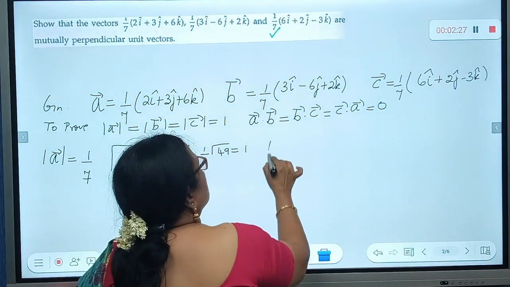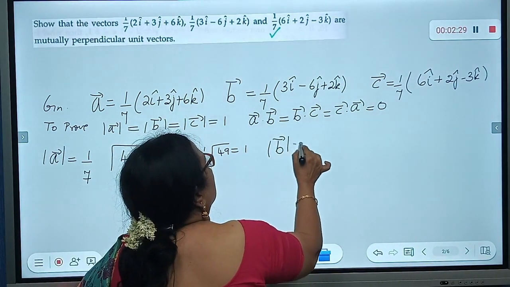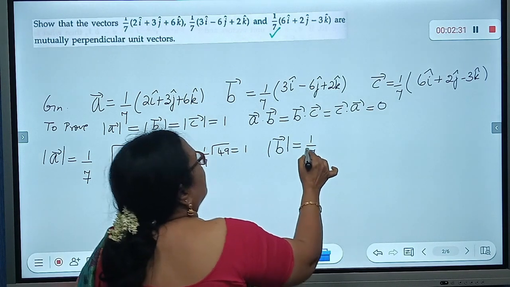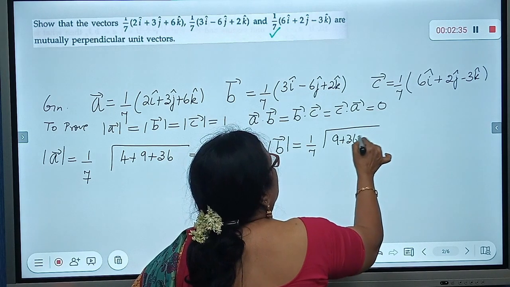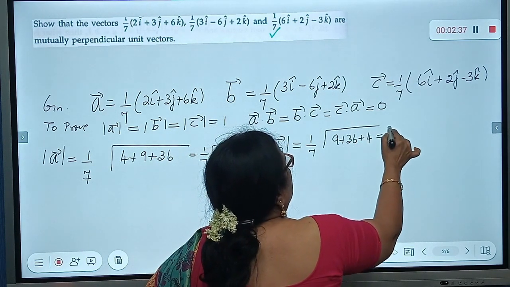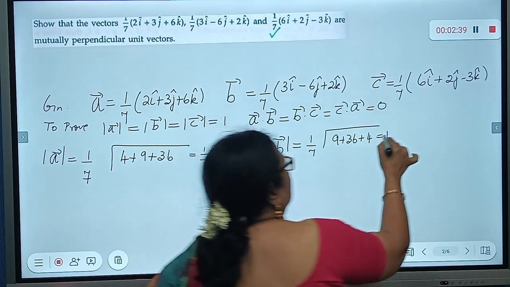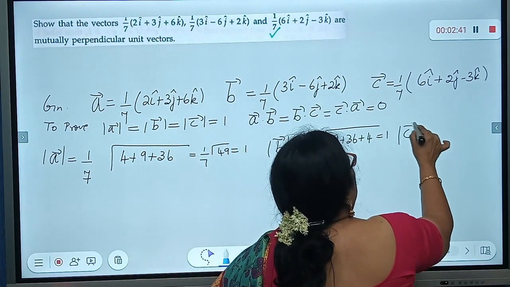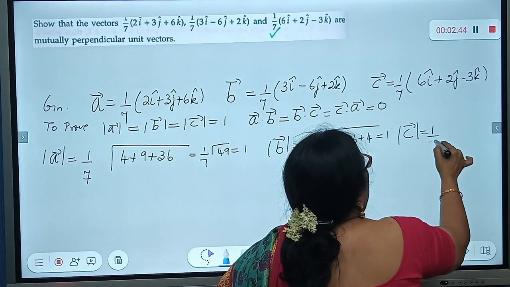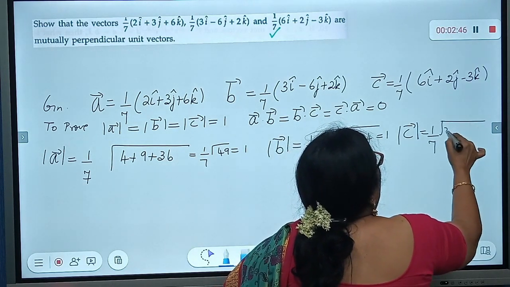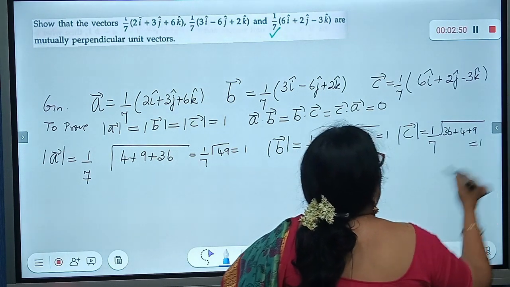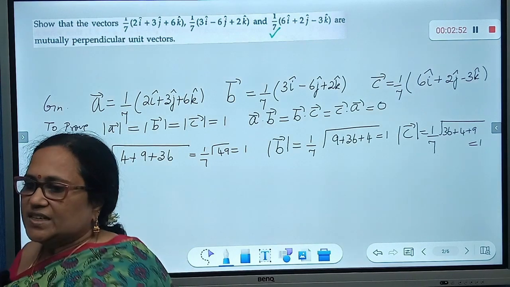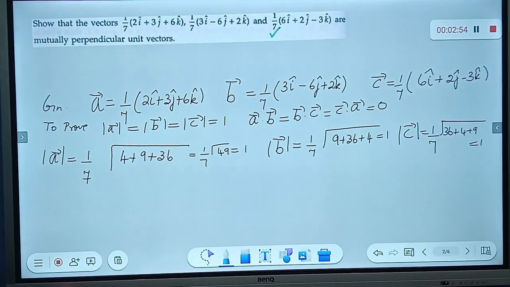What is modulus of B vector? 1 by 7 square root of 9 plus 36 plus 4 which is again 7 by 7 which is 1. Modulus of C vector will be 1 by 7 root of 36 plus 4 plus 9 which is again 1. So very easy to check that they are all unit vectors.